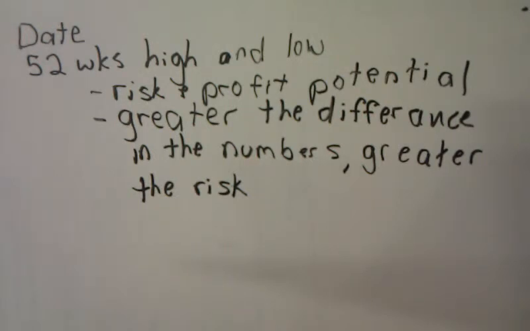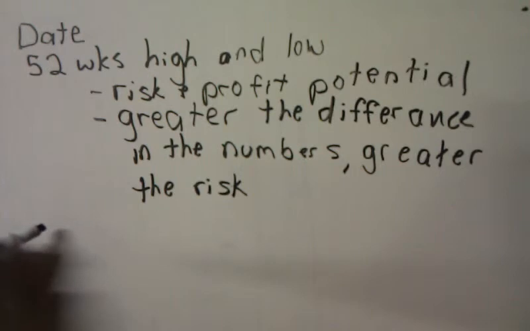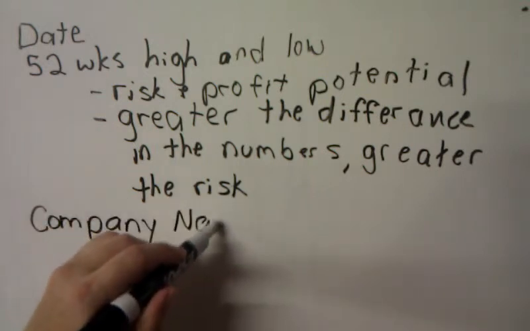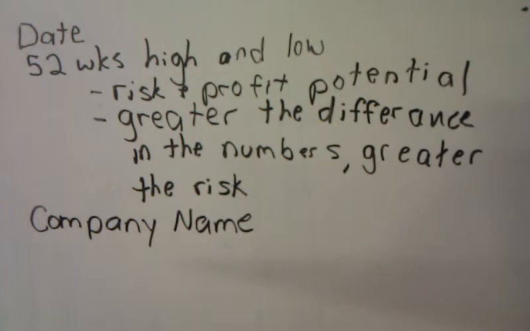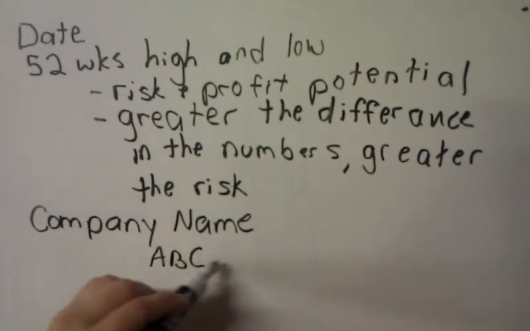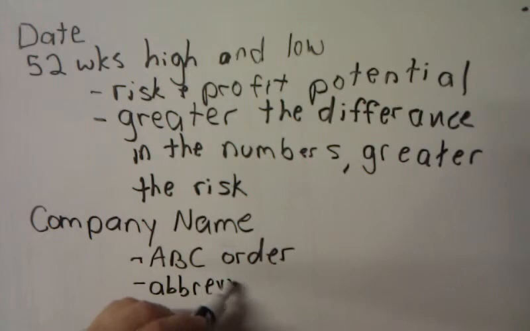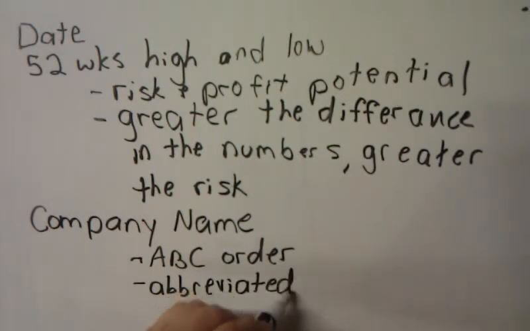Okay, we're going to see the company name. The names of the companies are in alphabetical order and are usually abbreviated. Okay, so they're in ABC order, and they're abbreviated.